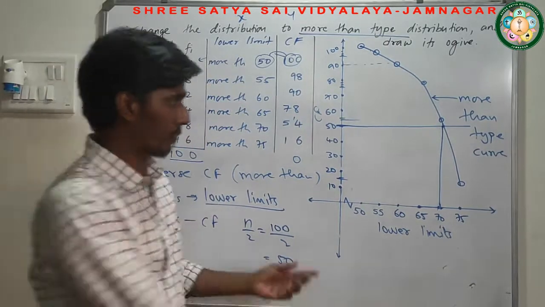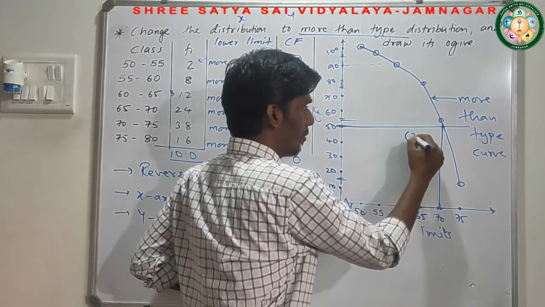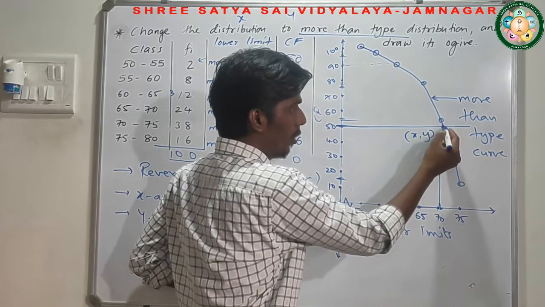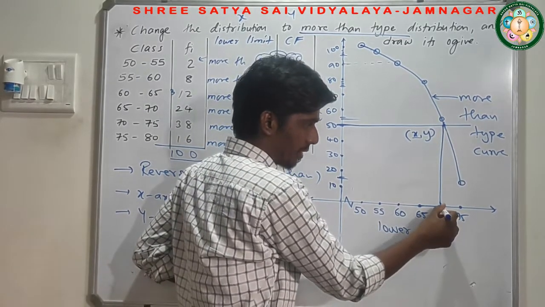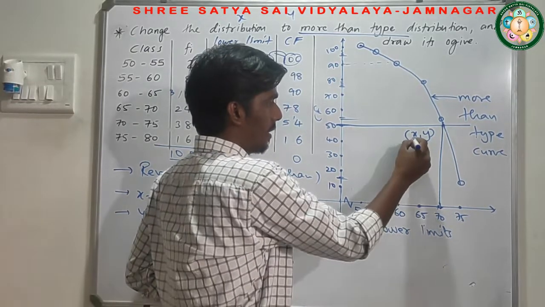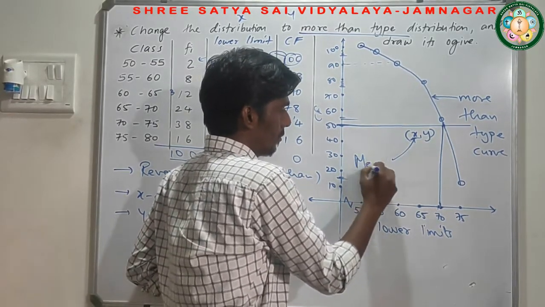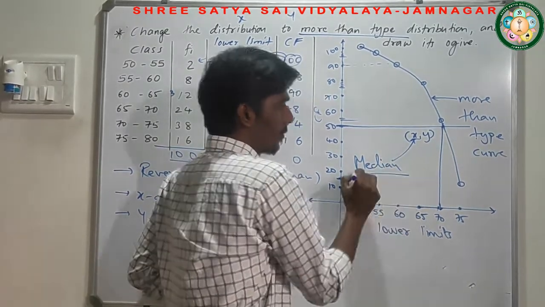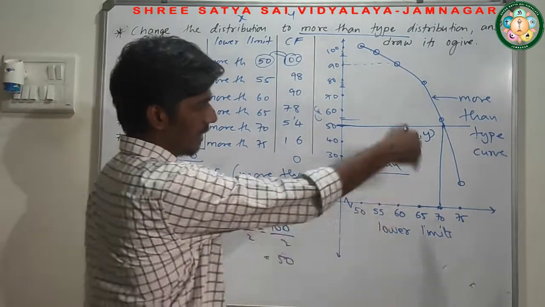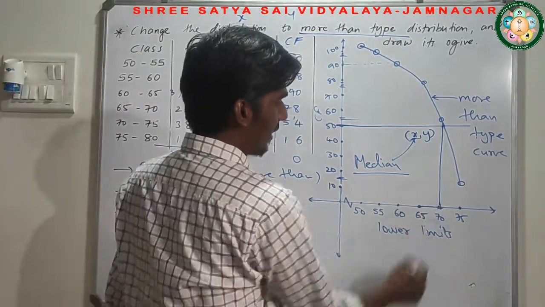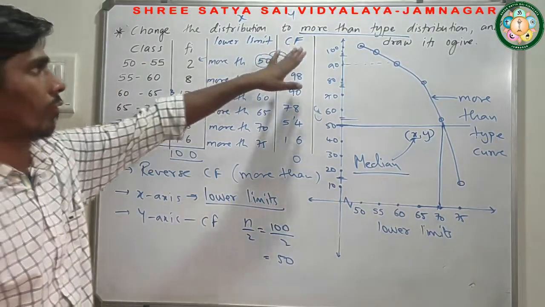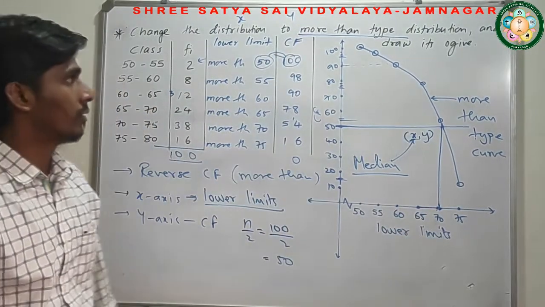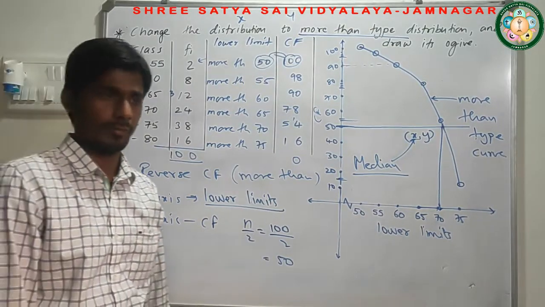I'll get the x coordinate of this point, and this will be your median. For this graph, approximately I'll get near about 70. So this is the way we can draw the more than type curve or graph.